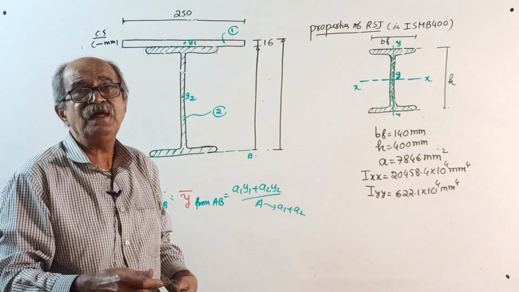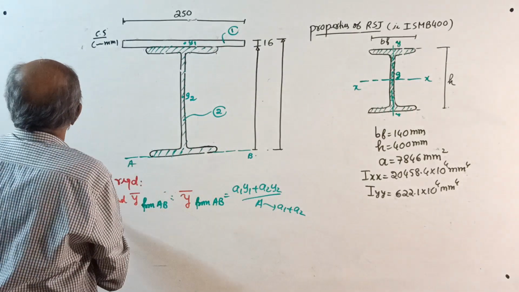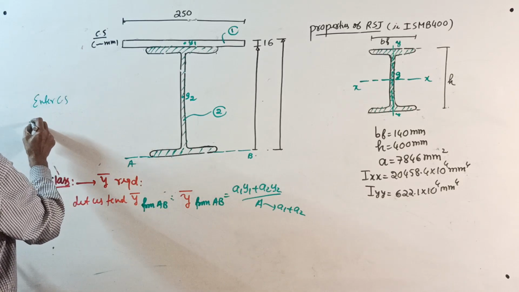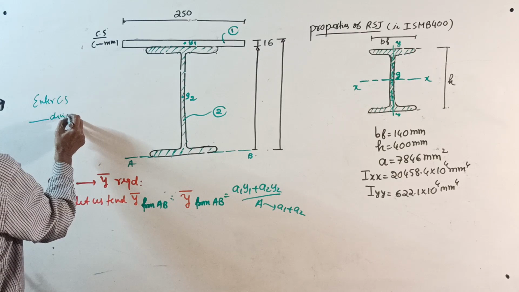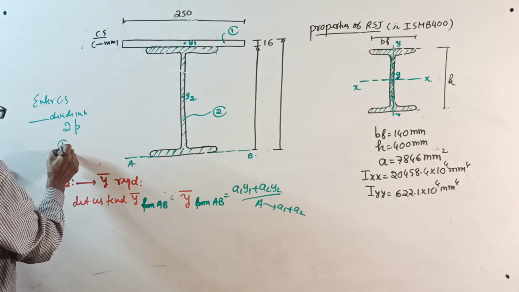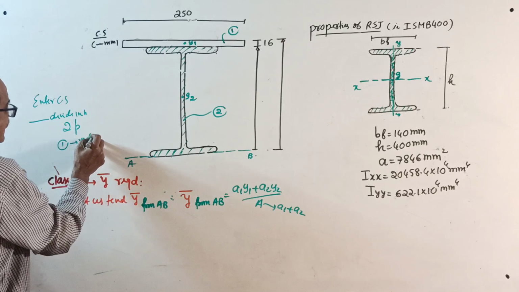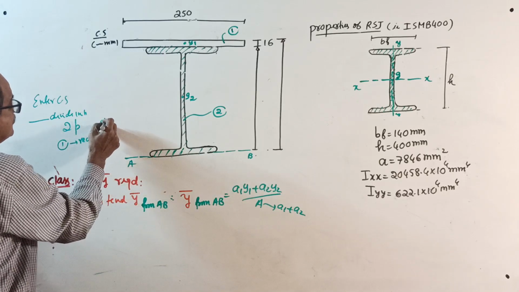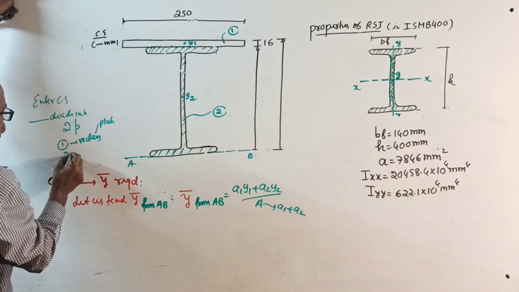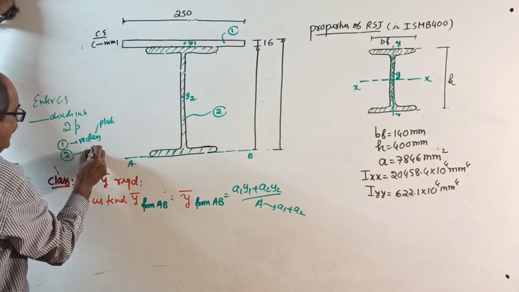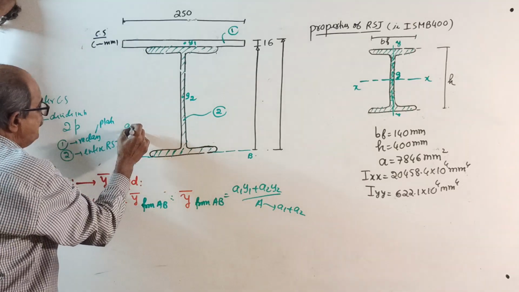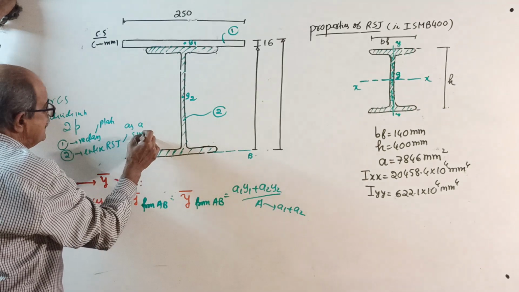Part 1 is that rectangle, that is the plate, 250 by 16. Your part 2 is the entire I section, the entire RSJ, as a single unit.